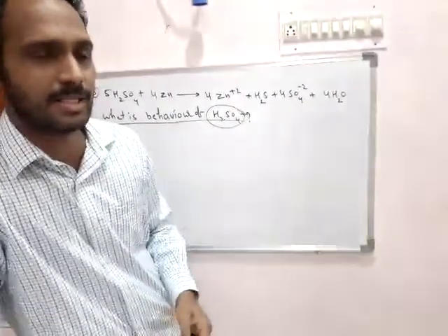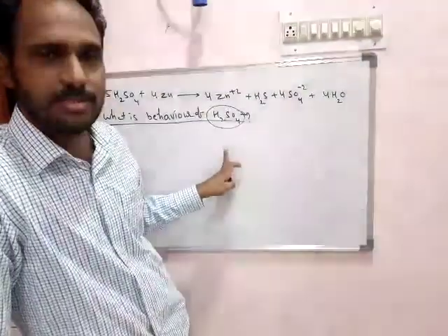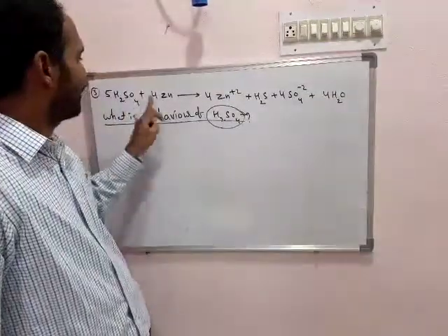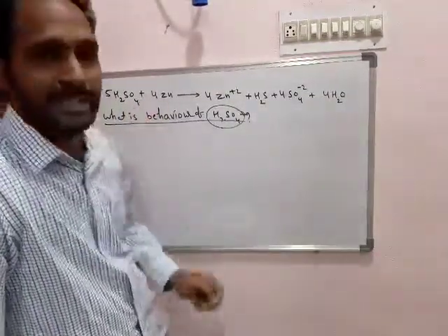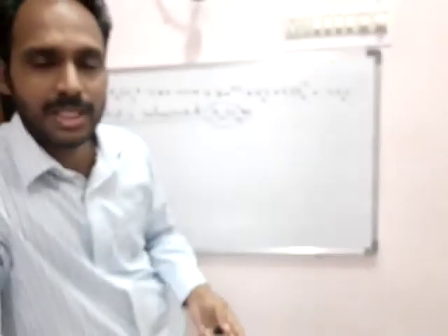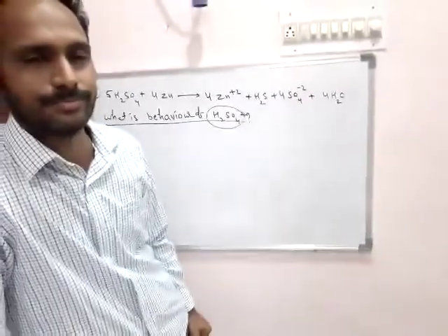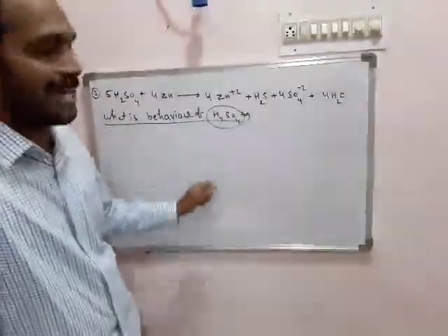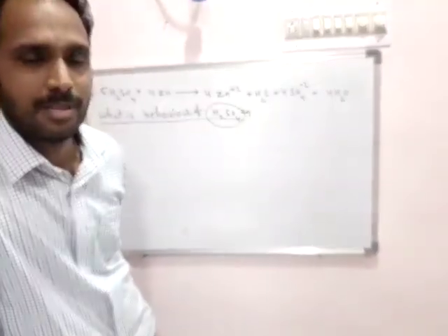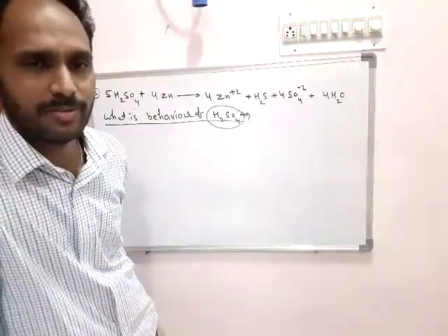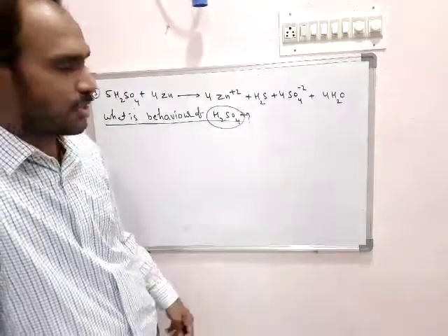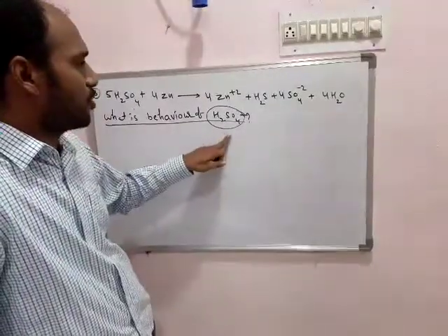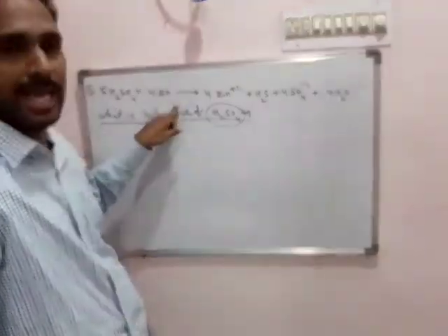It can work as an oxidizing agent, it may work as a dehydrating agent, or it may work as an acid. Anything is possible with H2SO4. Now the question is, what is the behavior of H2SO4 in this particular reaction?